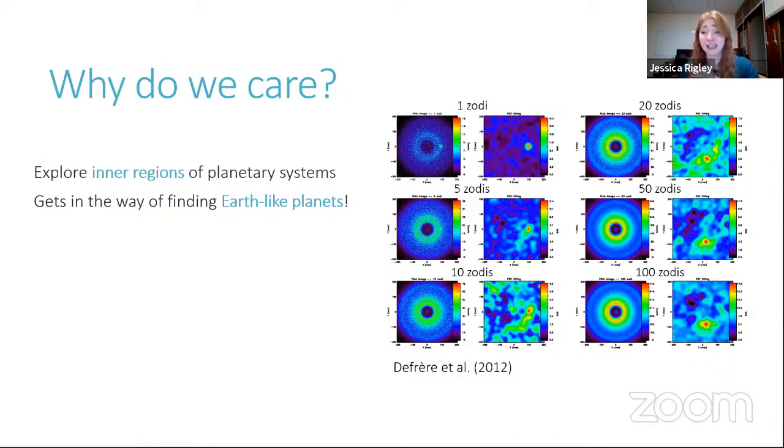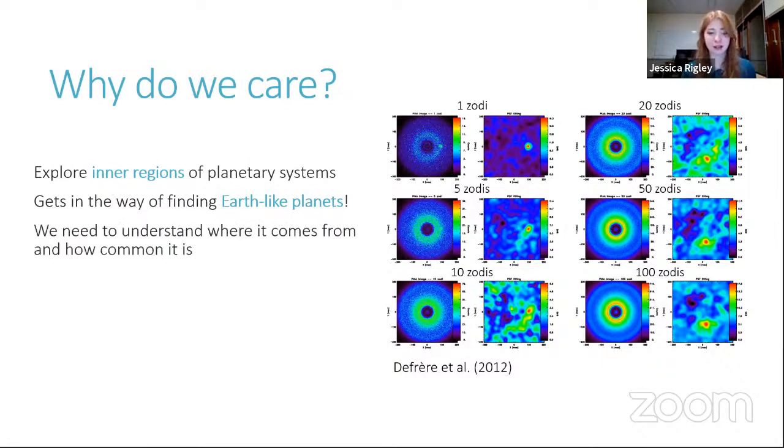And it's kind of been eclipsed by the dust. And now, instead, we're seeing this other red blob here, and this is not the planet. This is a clump of dust, which is essentially trailing the planet on its orbit. And so we're not detecting the planet, and instead we're detecting this clump of dust, which looks like a planet, but isn't. And then as we get to 50 or 100 times our zodiacal cloud, the planet is completely eclipsed by dust, and we cannot detect it whatsoever.